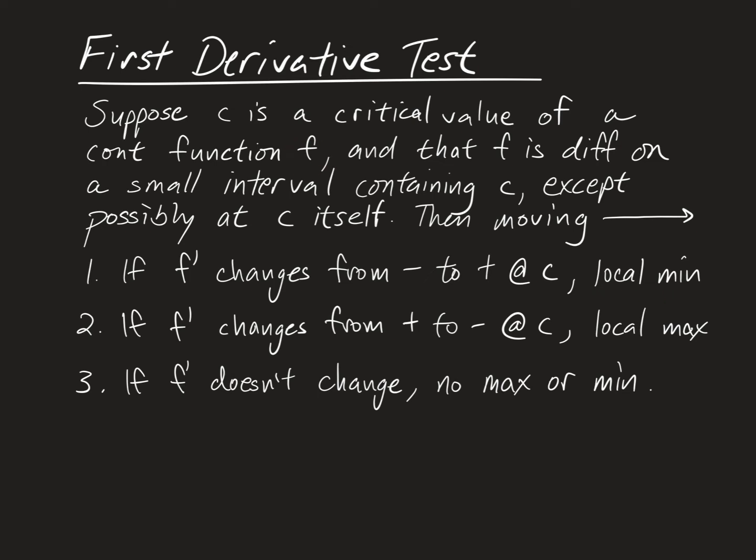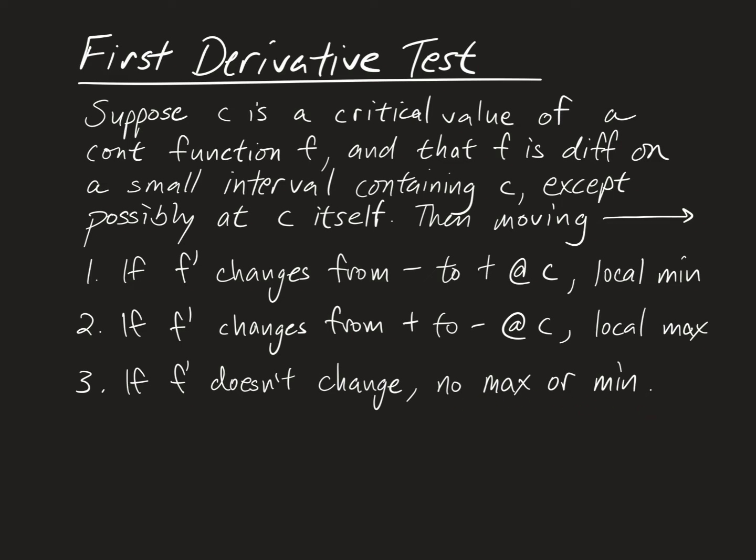And something similar happens when the derivative values change from positive to negative at c. There's a local maximum for the function f. And if the derivative values don't change, then there's no maximum or minimum.